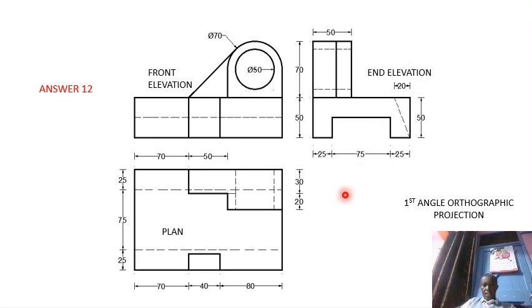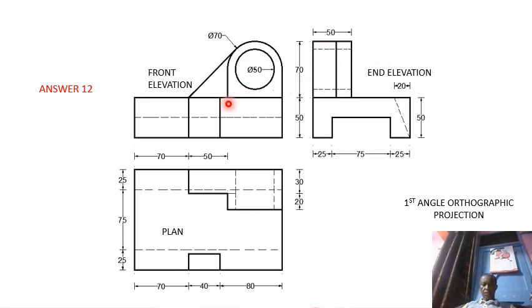Dimensions carry some significant amount of marks, and therefore you need to dimension as much as you can. So here you can see we have dimensioned this side, we dimensioned this side, and there's dimensioning here, and each and every side that we felt was necessary to be dimensioned, you need to put the dimension.